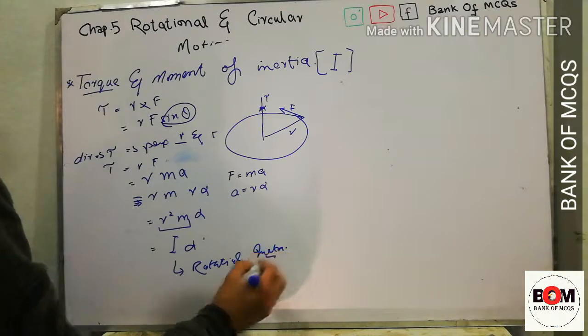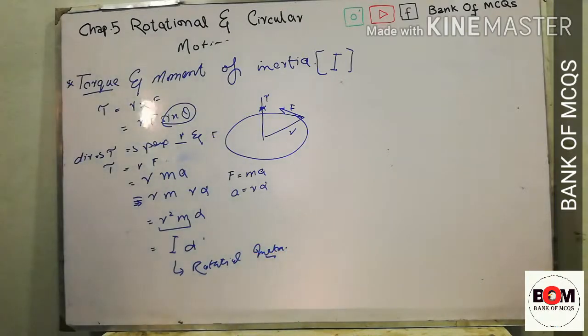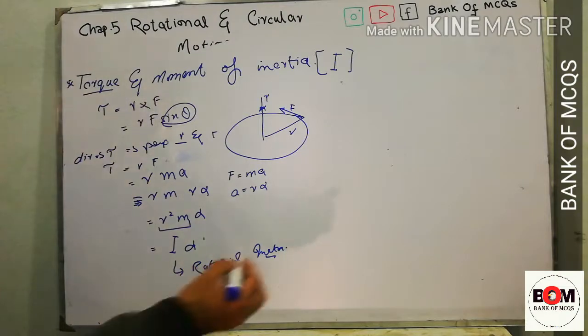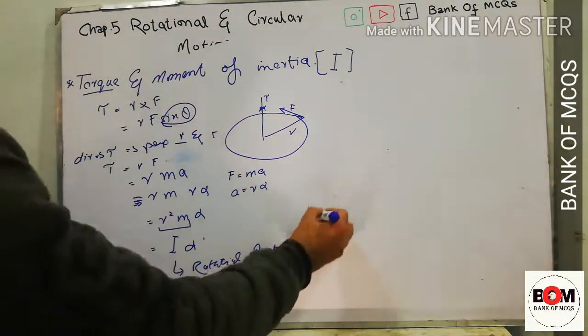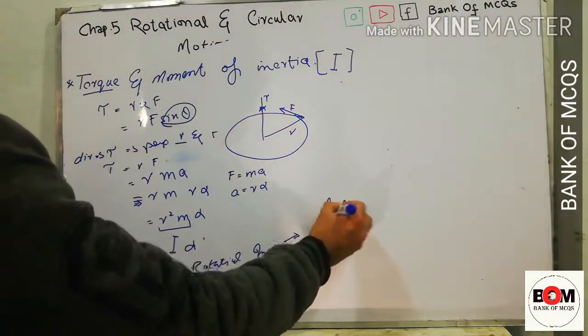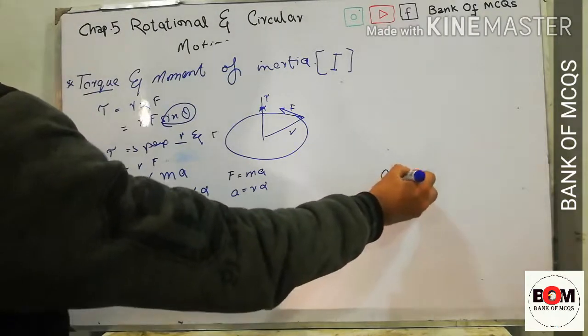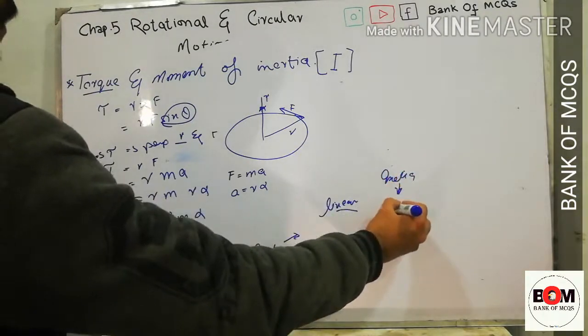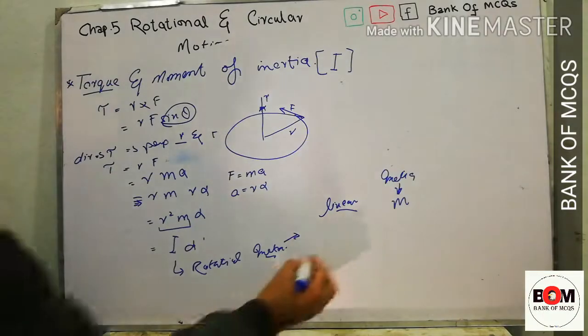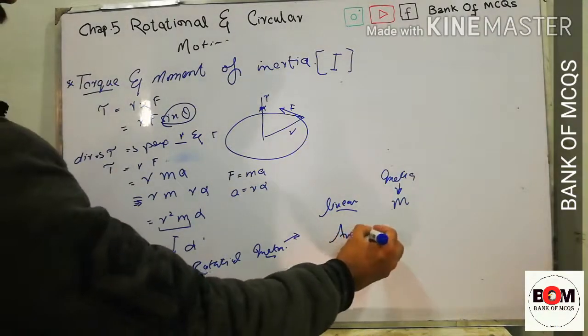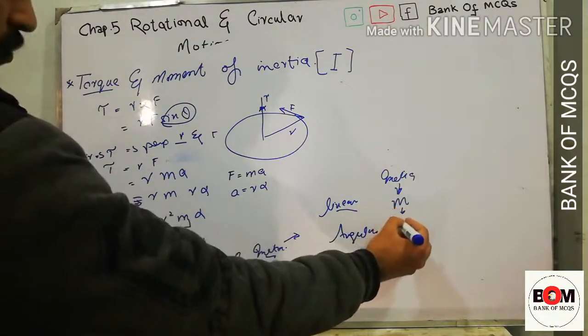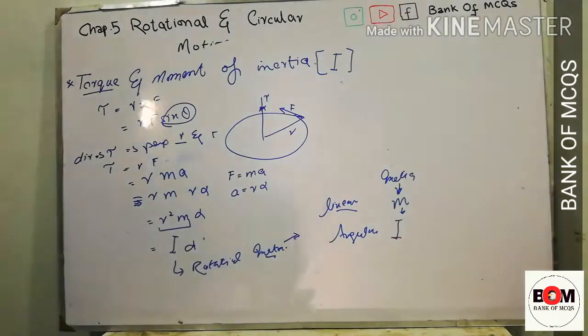So what is inertia? Inertia is the ability of a body to remain in its own state. For linear motion, inertia is due to the mass of the body, and in the case of angular motion, inertia is due to rotational inertia or I.